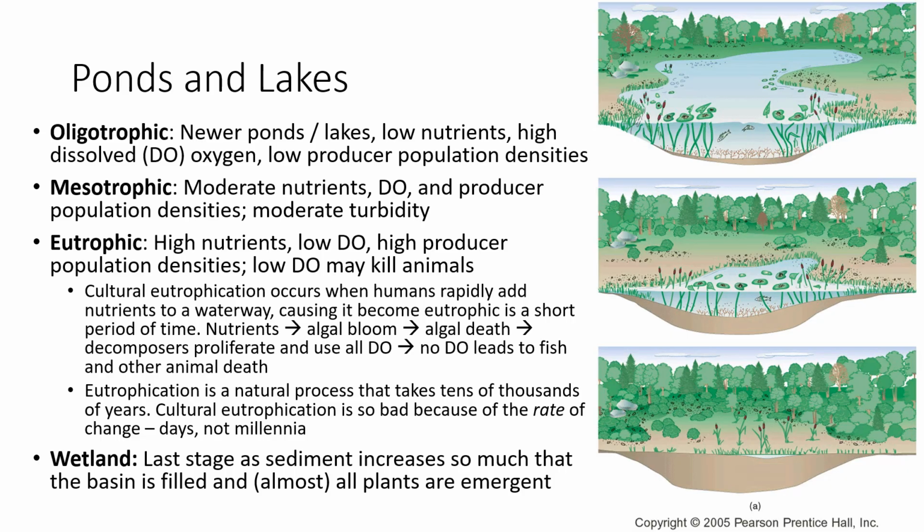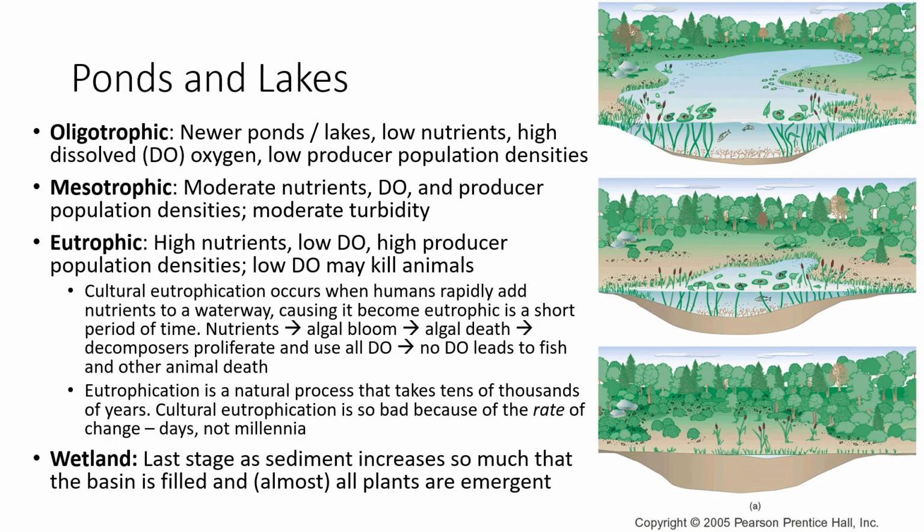Now, ponds age, lakes age, and it sounds kind of weird, but they go through these different stages as they age. The first stage, when a lake or a pond is first formed, let's say that we have a glacier that retreats off of the North American continent 12,000 years ago, and it leaves behind a bunch of newly exposed ponds and lakes that are filled with glacial meltwater.